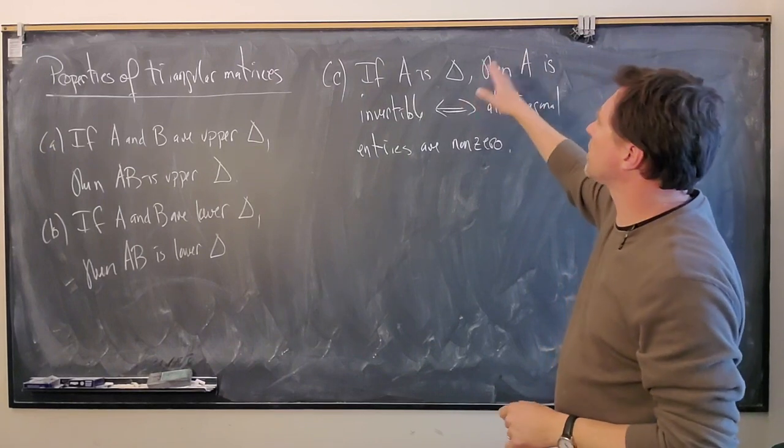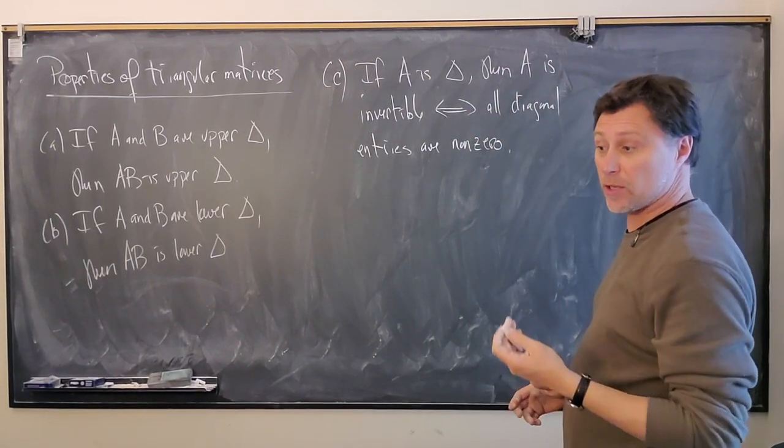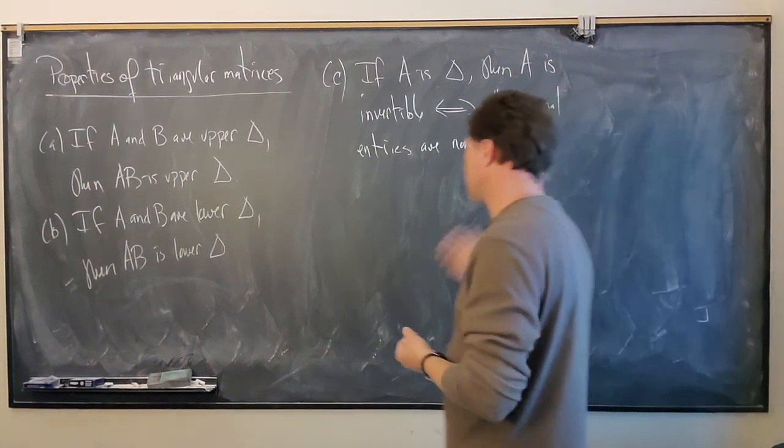We'll be able to prove this later on, but for now we'll just accept that this is true. So for triangular matrices, it's easy to check whether they're invertible or not. Right? Just check their diagonal entries.